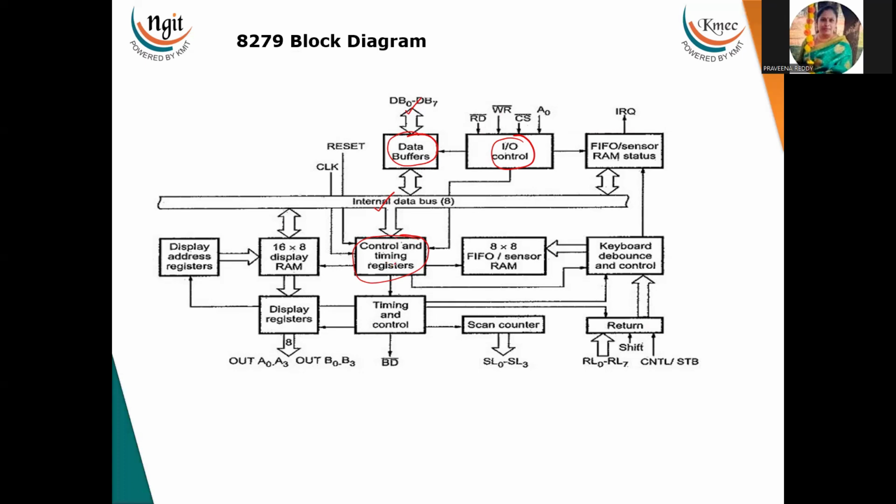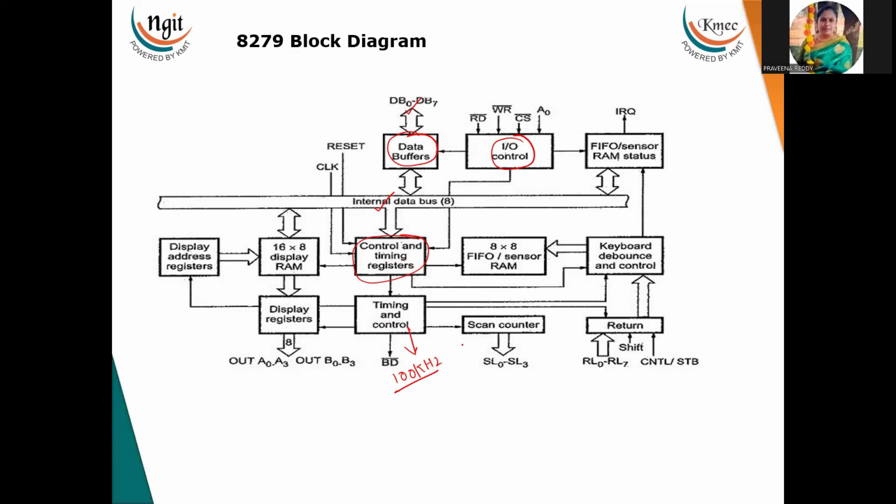And the next one is timing and control. Now this will generate the timing signal or clock frequency. Initially it will generate 100 kilohertz, and after that this frequency is again divided depending upon the operation.